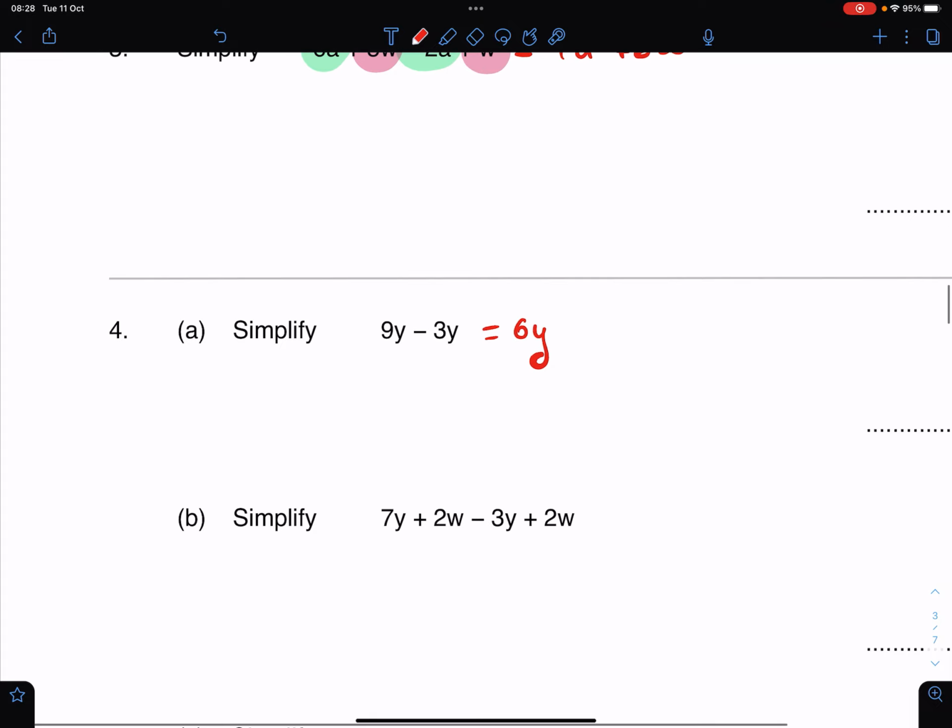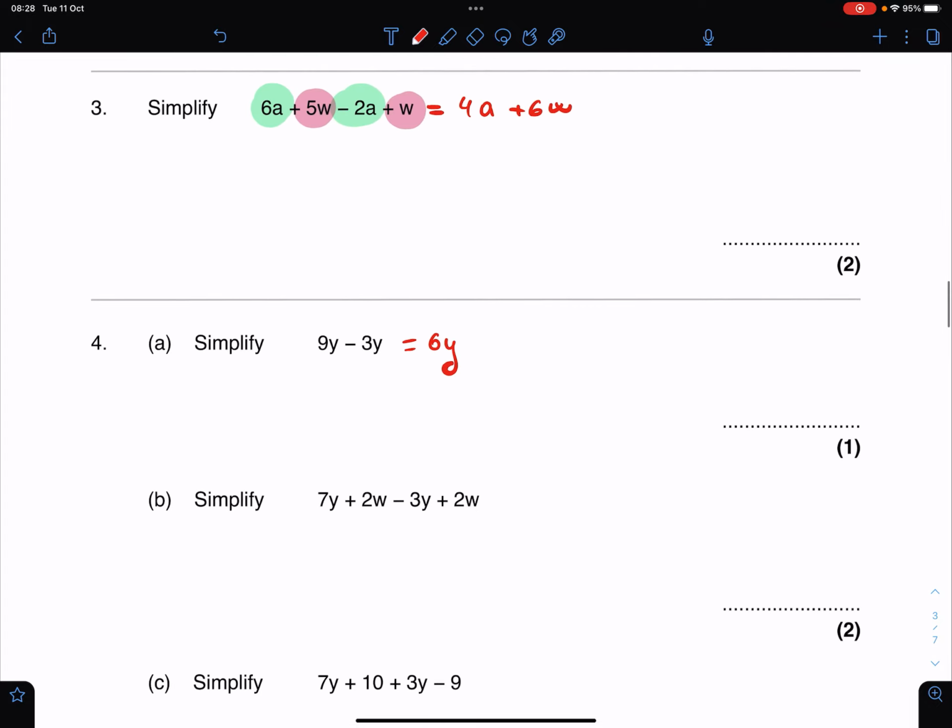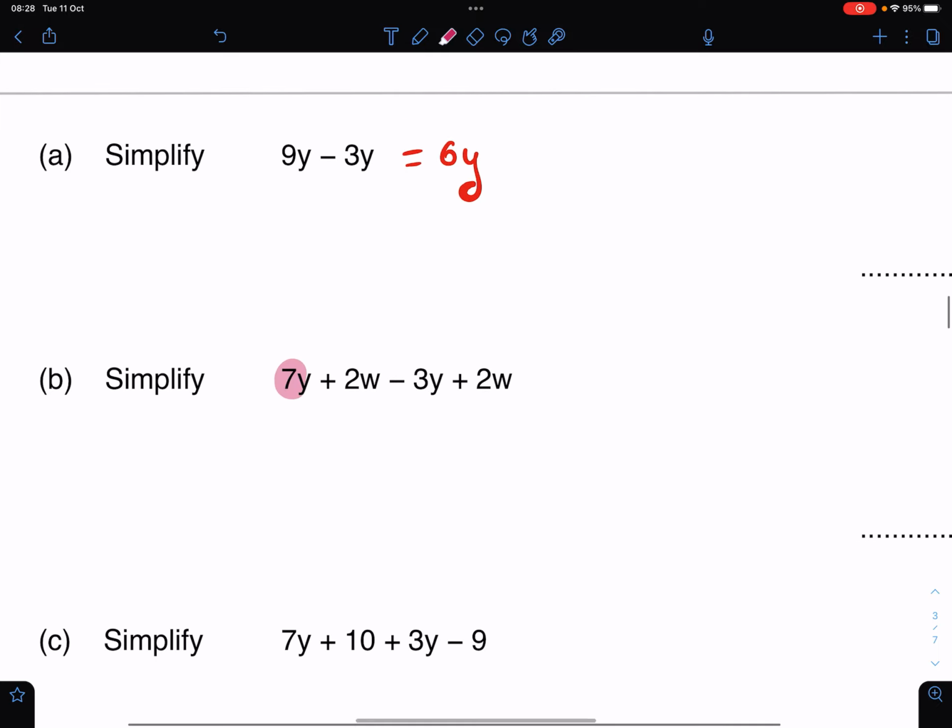So, okay, part B. As you can see, guys, part A got only 1 mark, but we have 2 marks for part B. Because we have 2 parts, we need to find the like terms and simplify them, right? So what is the like term for 7y?